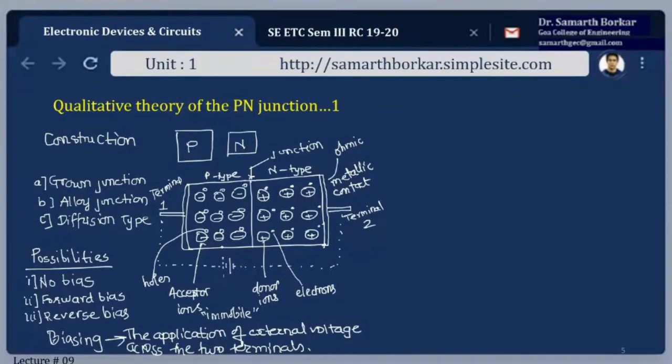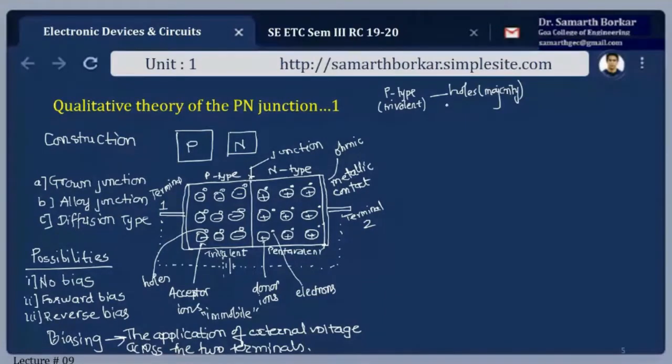In case of trivalent impurity, this is trivalent, and here this is pentavalent impurity. In case of a p-type semiconductor, which is trivalent, the holes are the majority charge carriers.